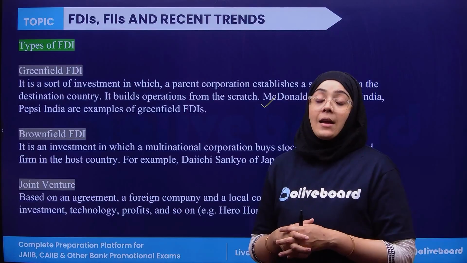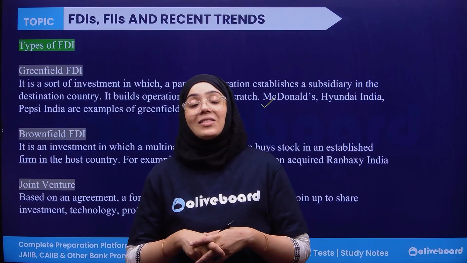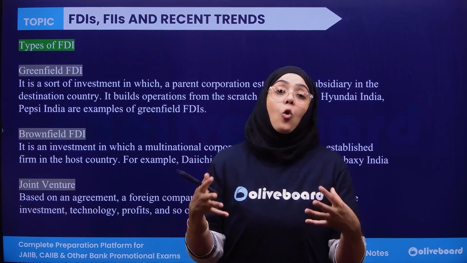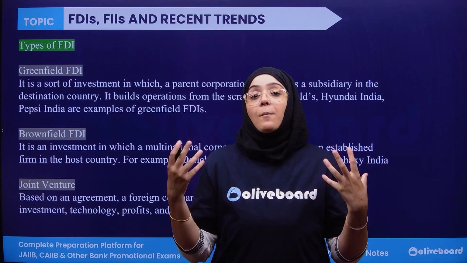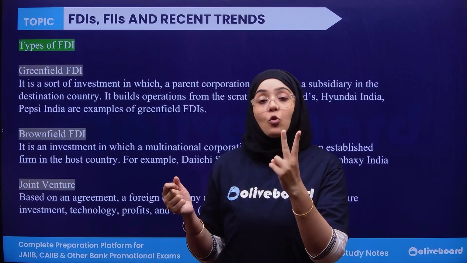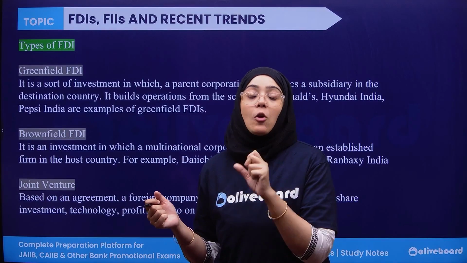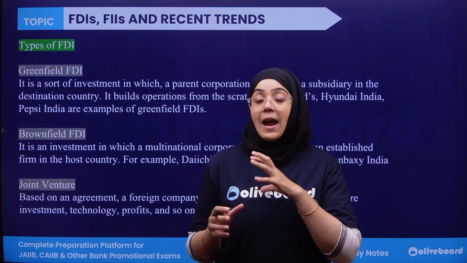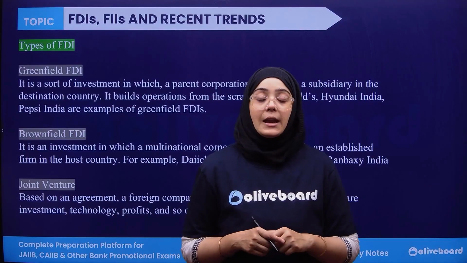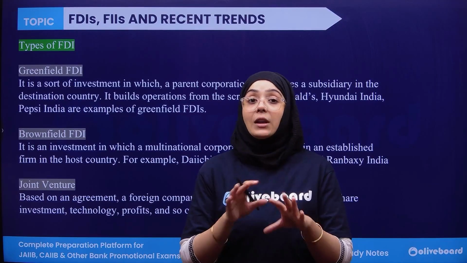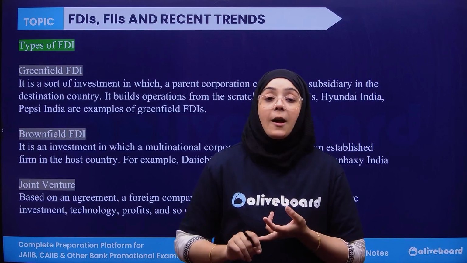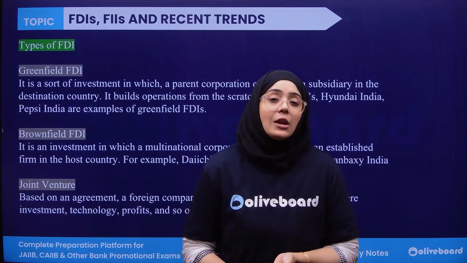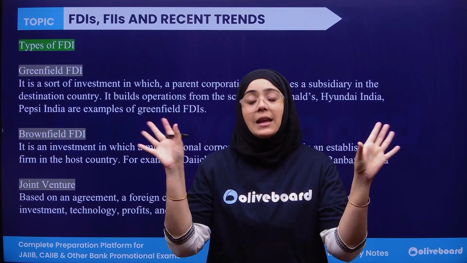For example, take an example of a big foreign hotel chain who want to build some hotels in India. Now they have two ways: greenfield and brownfield FDI. If they take the route of greenfield, it means that they have to build everything from scratch. They buy the land, build the complete hotel, hire every single new staff member, everything is new.